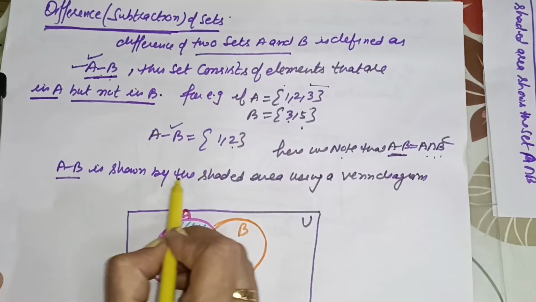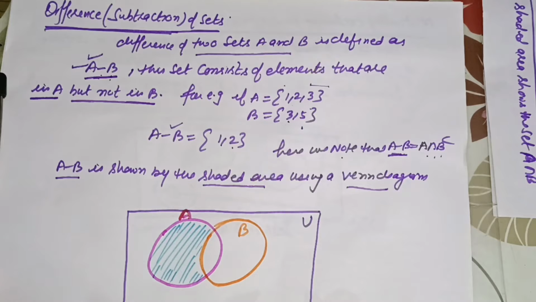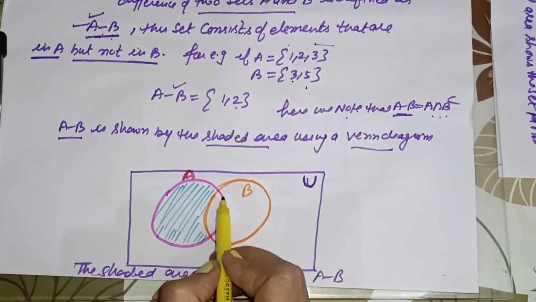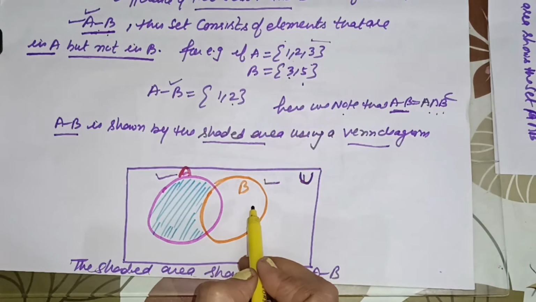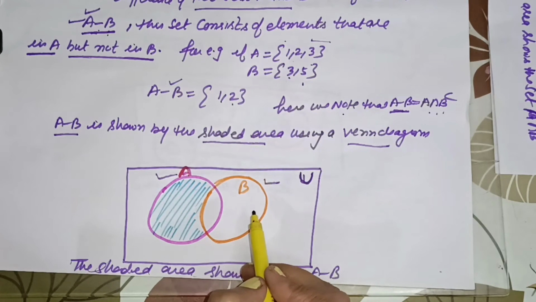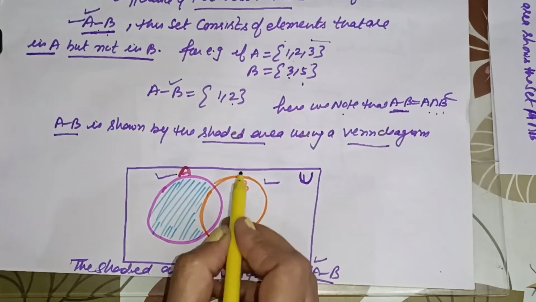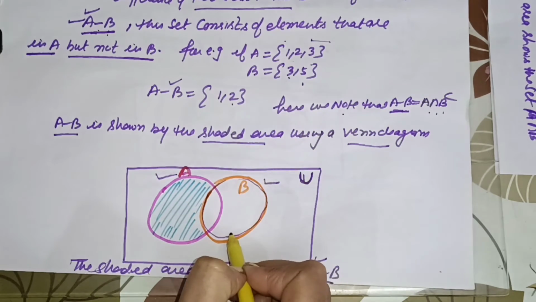A difference B is shown by the shaded area using a Venn diagram. In the Venn diagram, we can show the shaded region which represents A difference B. This is a universal set that has two sets, A and B. So this is A, this is B. According to the definition, if we have to calculate A difference B, we have to take the area of A but not B. So this is the whole area of B. We will not take the B region area.